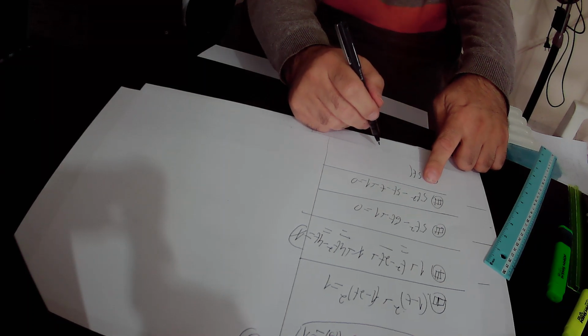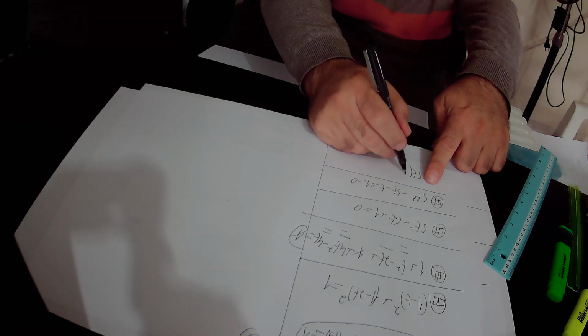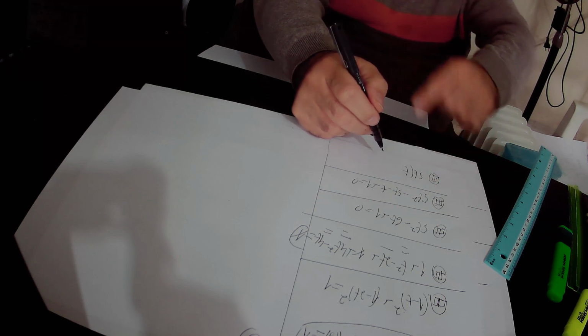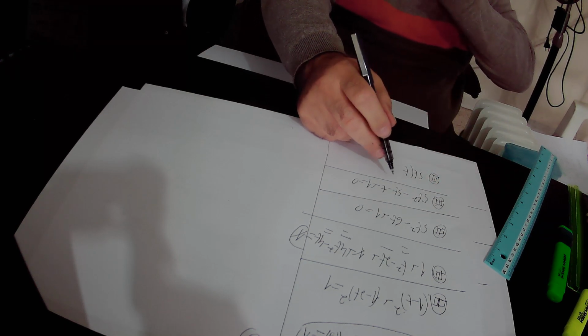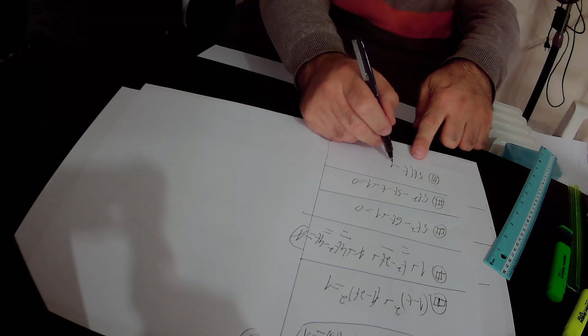What is left from 5t squared after we took 5t as a common factor is t, and what is left from minus 5t is minus 1.